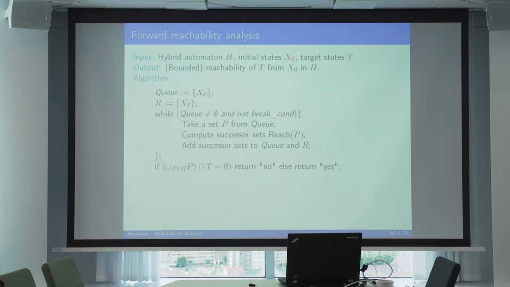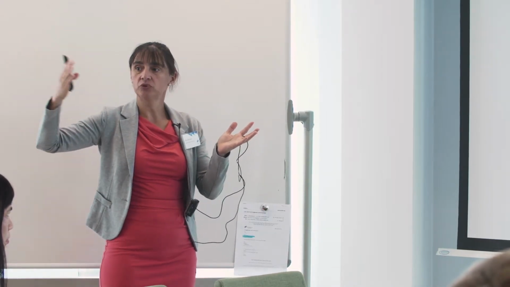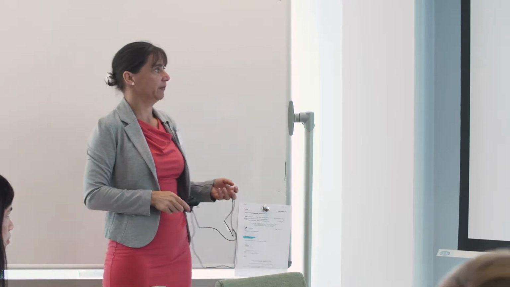So I will take the next set for which I need to compute successors, compute its successors, let us call it reach of P, in one step. Basically, you start in a certain control mode or location, compute the dynamics according to differential equations, and then compute whether you can take any jump to another control mode from this whole, what we call flow pipe.